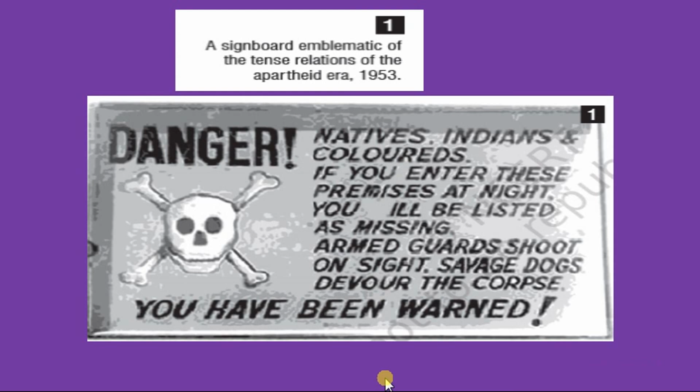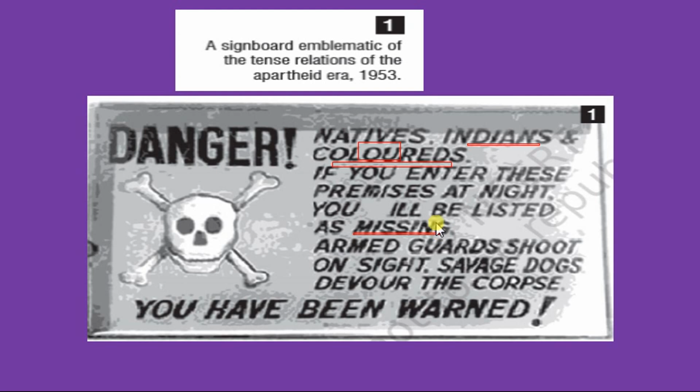You may be recalling that such signboards are generally seen where huge power transformers or electrical wires are kept. It always says danger. But what is written here? Let us check. Natives. Natives means the people belonging to South Africa. Indians and the colored. If you enter these premises at night, you will be listed as missing.